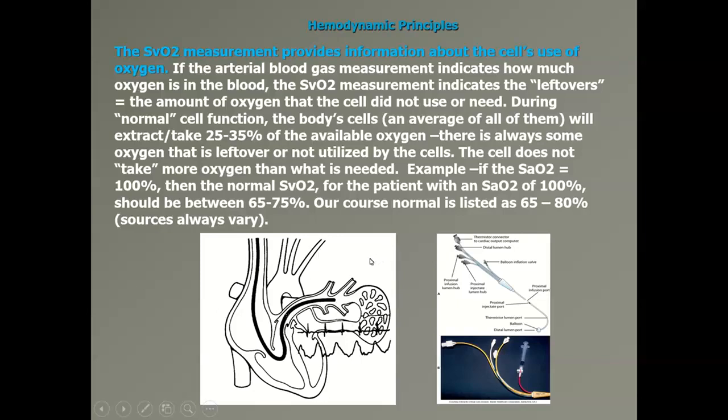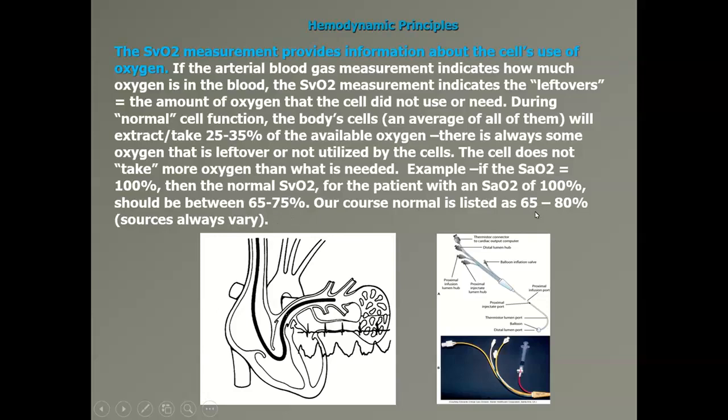So if you think of the arterial side as having 100% oxygen, and then you measured it on the venous side, the normal oxygen saturation of the venous blood would be in the neighborhood of 25% less, so that would be 75%, or 35% less, which would be 65. So the normal mixed venous oxygen saturation in many resources is listed as 65 to 70%.